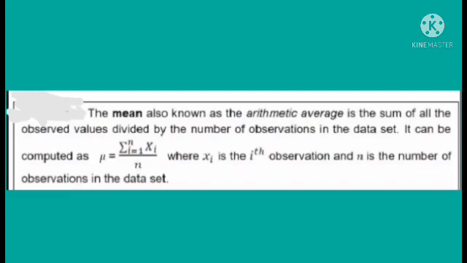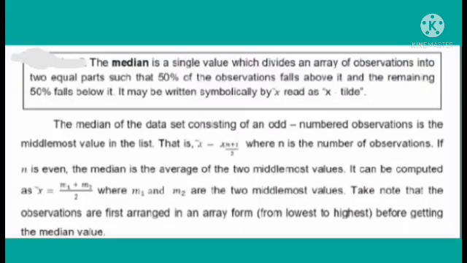The mean of the population is symbolized by the lowercase Greek letter mu, while the mean of the sample is represented by x bar. Next, the median is a single value which divides an array of observations into two equal parts such that 50% of the observations fall above it and the remaining 50% fall below it. It may be written symbolically as x tilde.